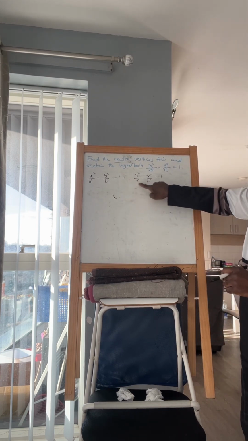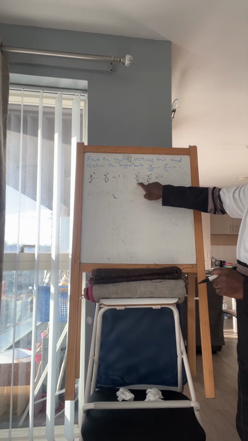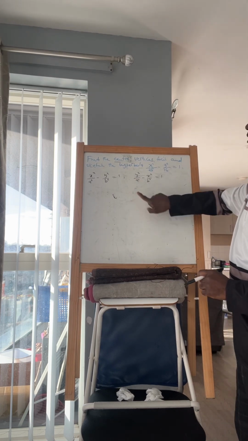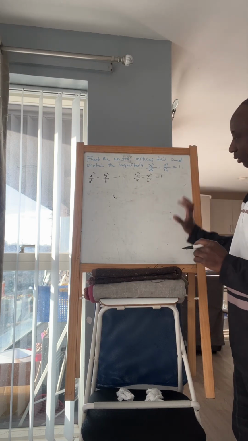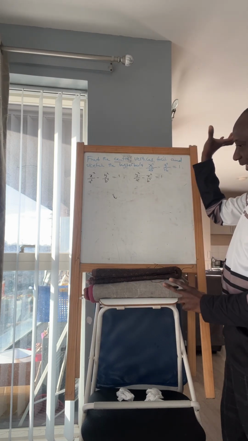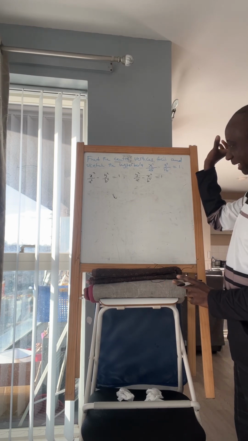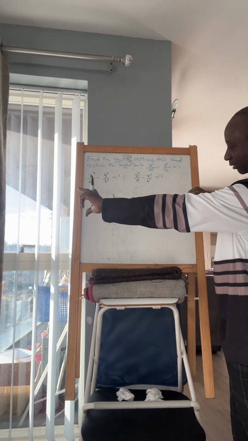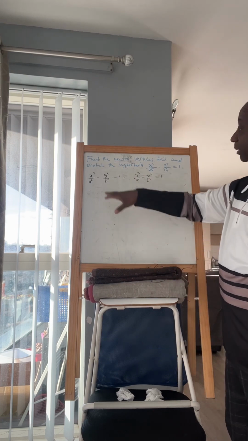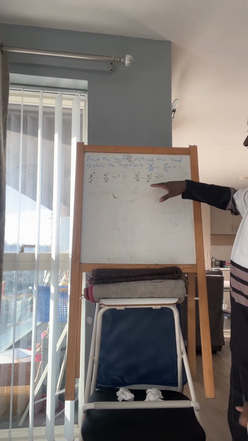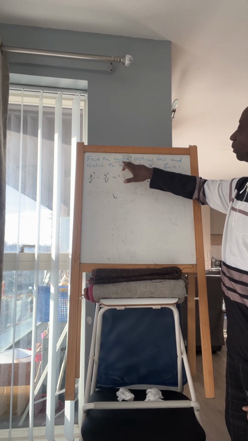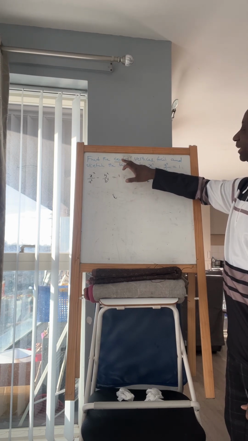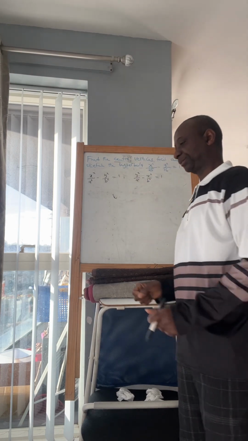So this one tells us the hyperbola will open up along the y-axis, up and down. Here it opens sideways along the x-axis. We shall solve a problem relating to this, a problem relating to this, and a problem relating to the hyperbola when the center is not at 0, 0.